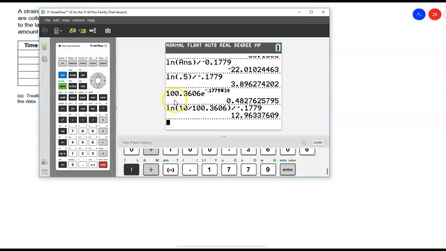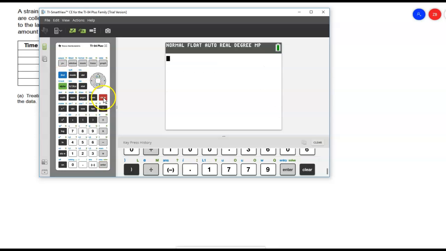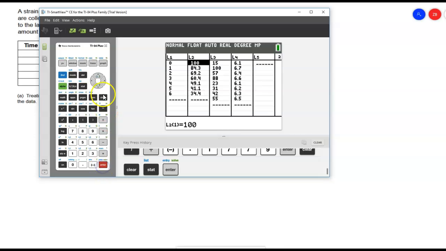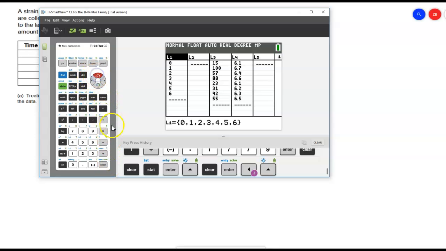So pulling up the calculator, let me clear this out. We're going to go into Stat Edit, and I'm going to clear out my old data by going up and clear Enter.